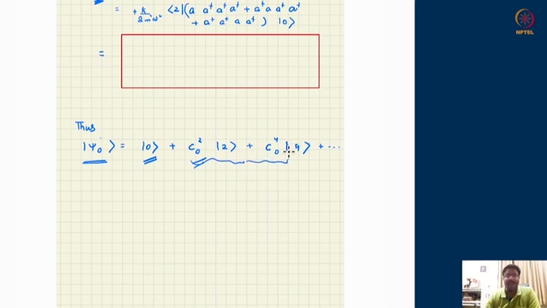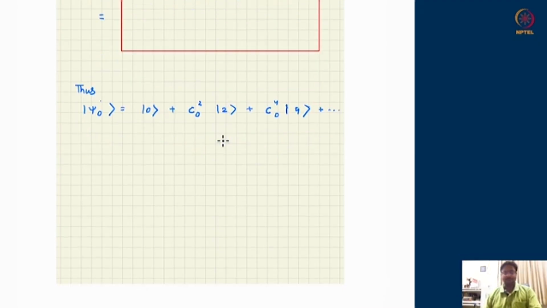Similarly, you can prove that C_03 is also 0. The next term which will survive will be C_04. So all these terms will appear at order lambda. As we discussed, lambda would be put to 1 at the end. So once I have put in lambda is equal to 1, the correct description of the wave function up to order lambda, this is the corrected ground state.